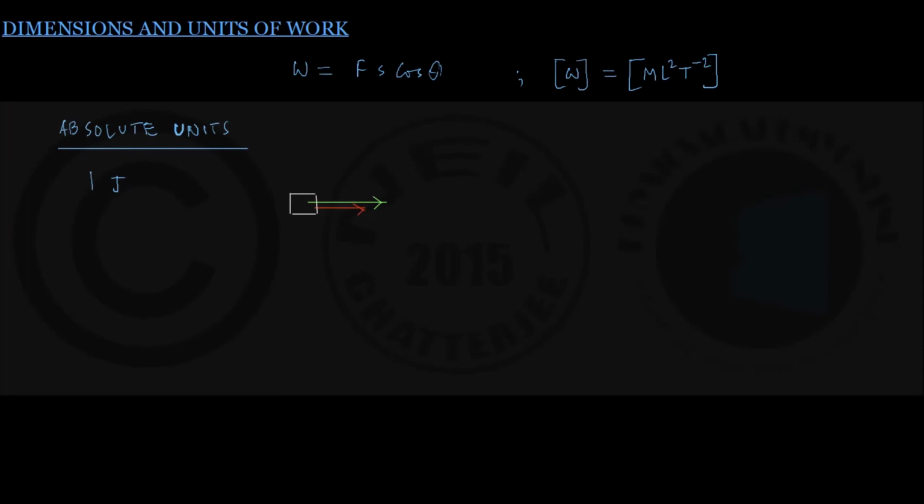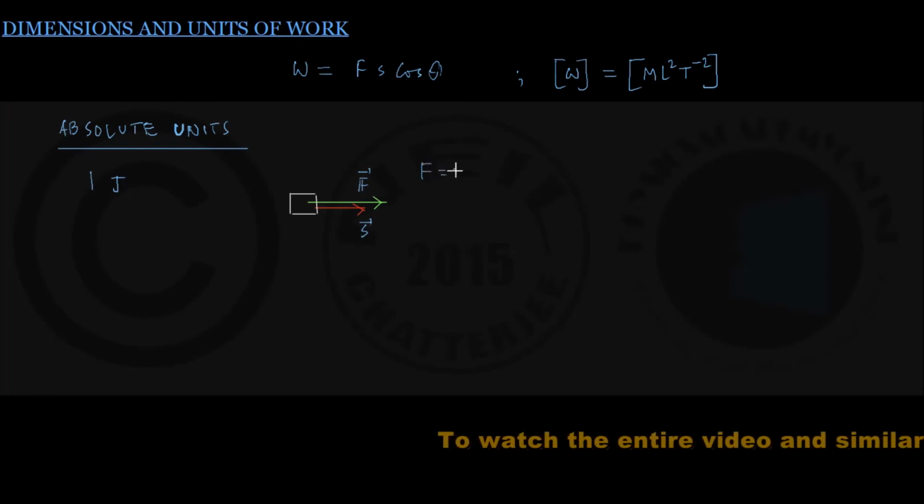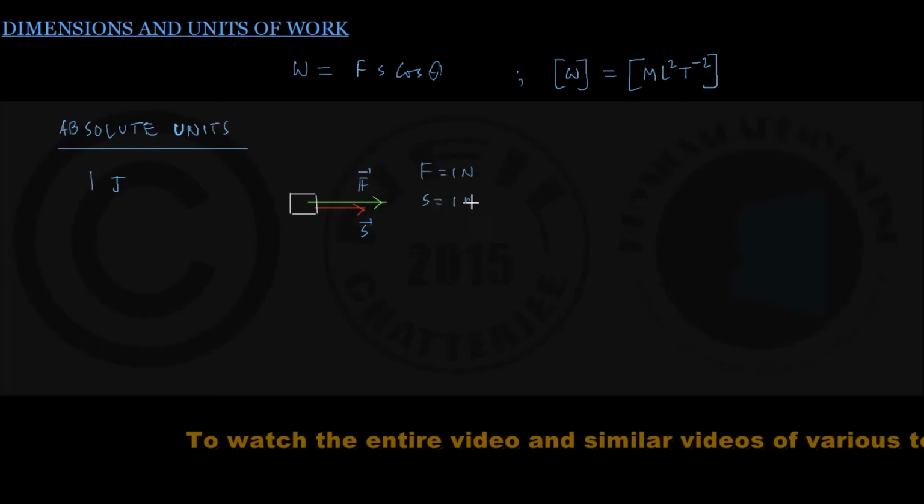So you see what the definition is telling us. This force is in this direction and the displacement is in the same direction. They are parallel. The magnitude of force is 1 Newton. The magnitude of displacement is 1 meter.